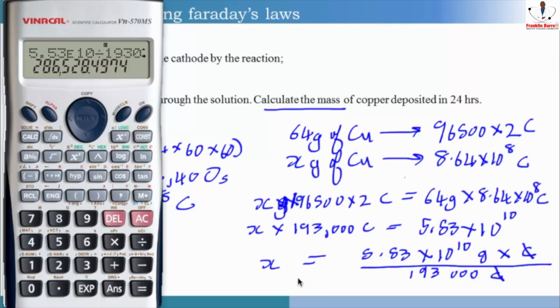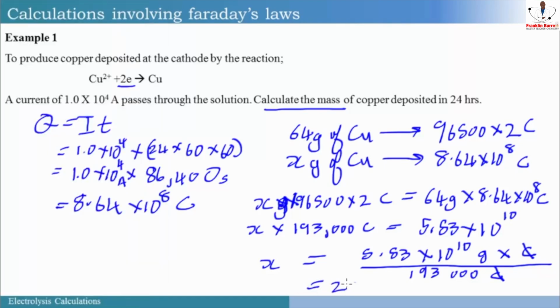So our value is 286,528.50 grams. So in 24 hours, when my current of 1.0 times 10 to the 4 runs for that time, I will produce a mass of 286,528.50 grams of copper. Let's look at some others.